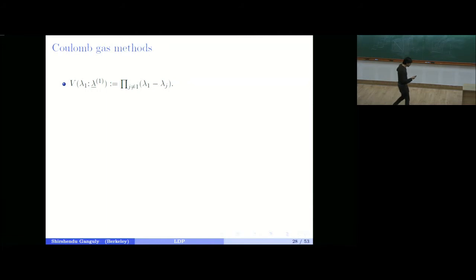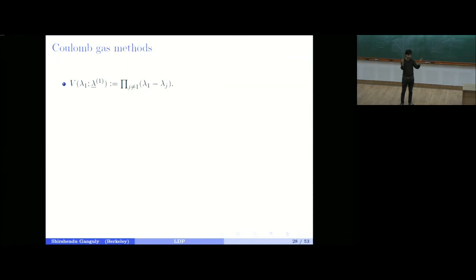The whole game, which has been done many times before, is to look at the system of size n. You have n eigenvalues, and you want to understand the large deviation for lambda 1, which is the largest one. You can look at this density and decompose it into the stuff that depends on lambda 1 and the remaining stuff, which you can think of as a smaller dimensional system.